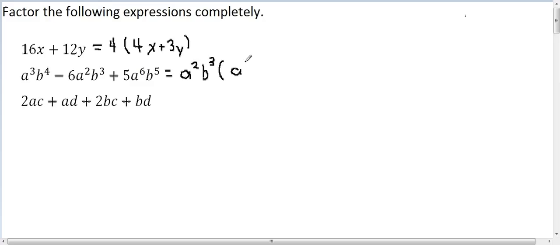So we'll just have b left. The next term is minus 6 a squared b cubed. The number will remain, so we have minus 6. But a squared and a squared, b cubed and b cubed, they're the same. So everything here factors out. So we just have minus 6 left.